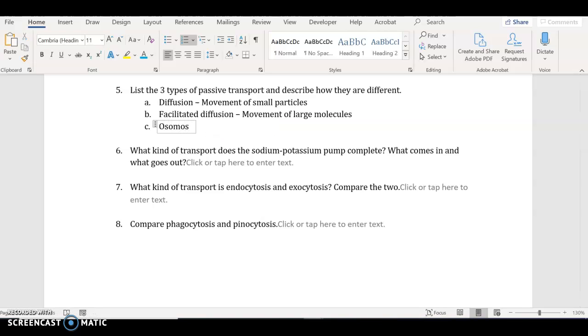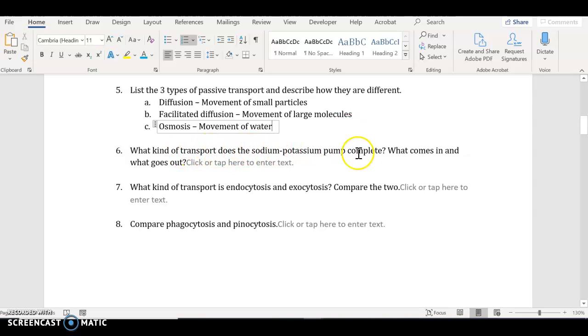And then we got osmosis, which is still going from high to low, still does not need energy. That's what defines it as passive. But also, this is the movement of water. Okay, so this is what differentiates them, what's being moved. But they're all going from high to low, all no energy.